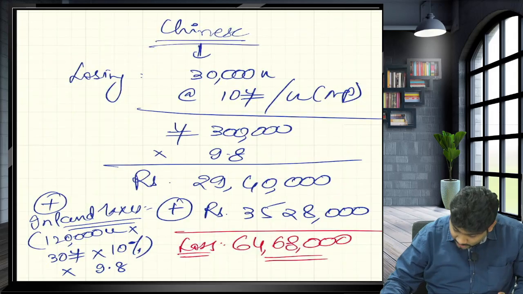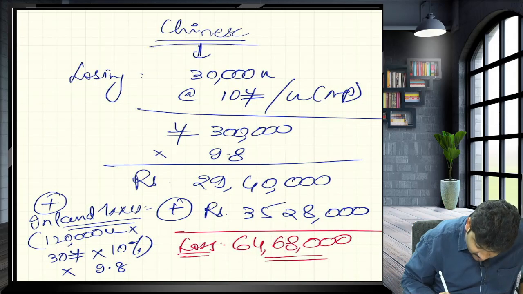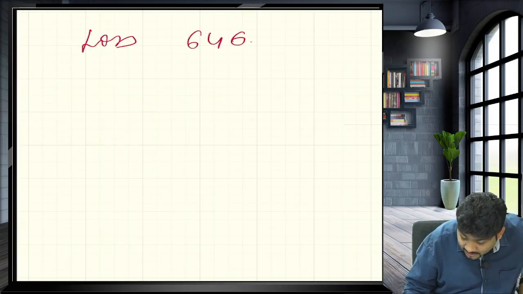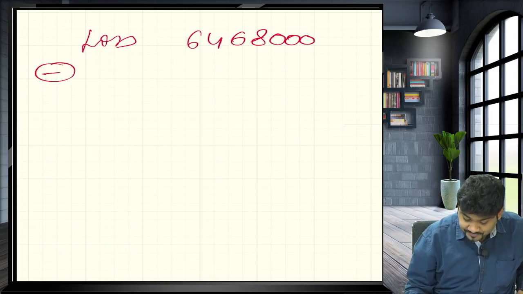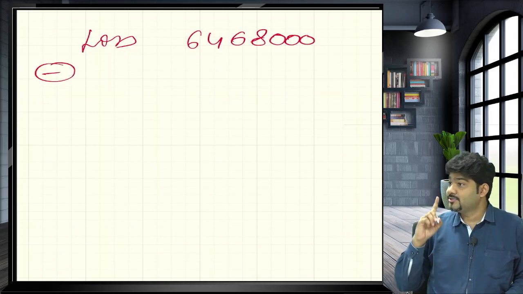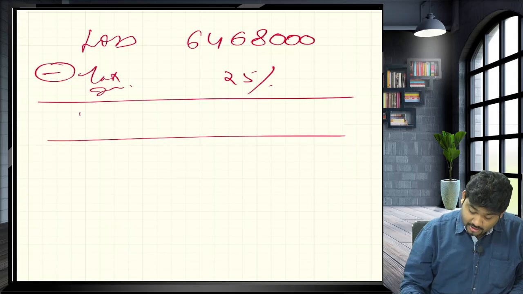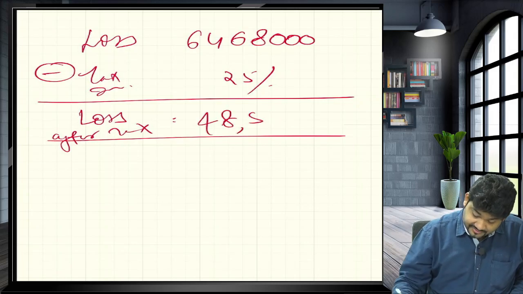Right. So here also, if there is a loss of 64,68,000, we will save some tax benefit on this. This is China. So China's corporate tax rate is 25%. So your loss after tax is how much? 48 lakh 51,000.